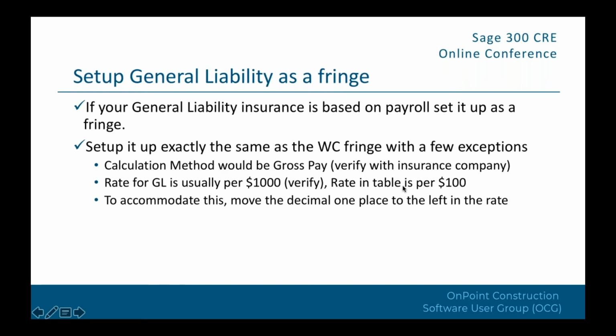When you put rates in the table, in that workers' comp table, that automatically understands that it's per 100. So to fix that rate to be able to work in that table, you just move the decimal one place to the left. And then it would be per $100 of payroll.